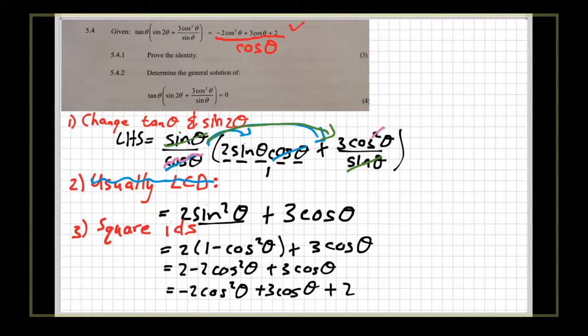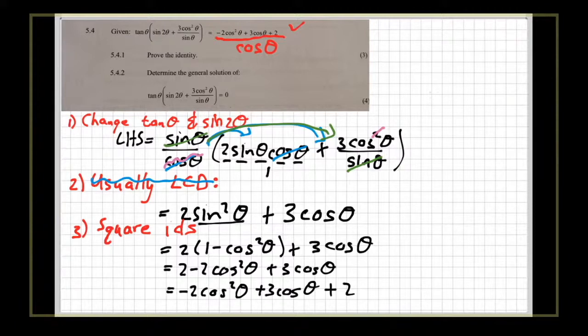Let's have a look at 5.4.2. Both IB and GDE love questions like 5.4.2, where you've got to first of all prove something, then secondly they ask you hence or determine the general solution.